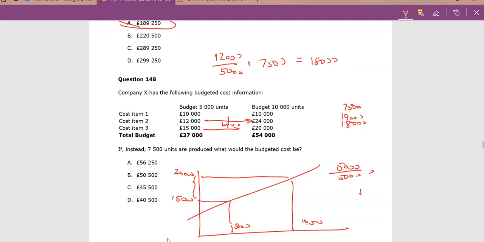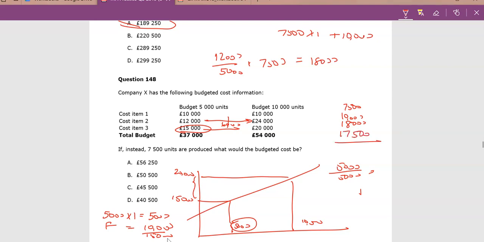So I'll plug that in here, to just see what's going on with the 5,000. So 5,000 times 1 is 5,000. So therefore the fixed element is 10 because the total cost is 15. So with the fixed element of 10, I know now that when I'm dealing with 7,500 units, 7,500 times 1 plus 10,000, I know this is comfortably 17,500.